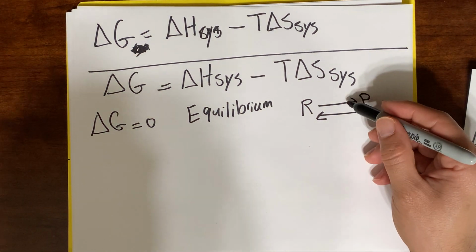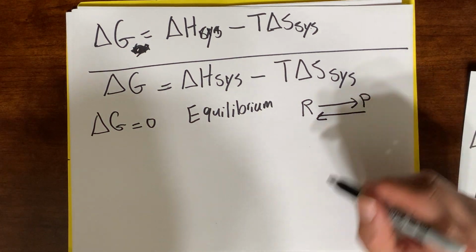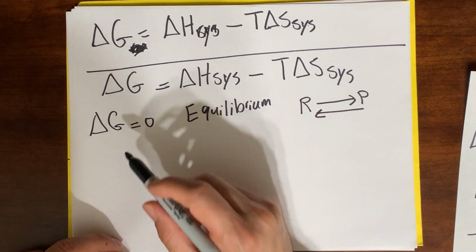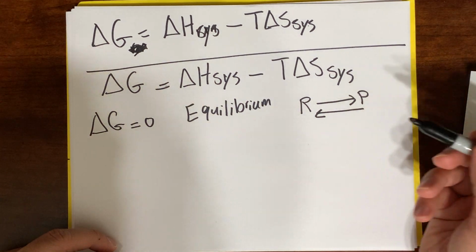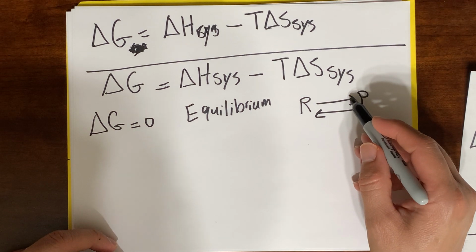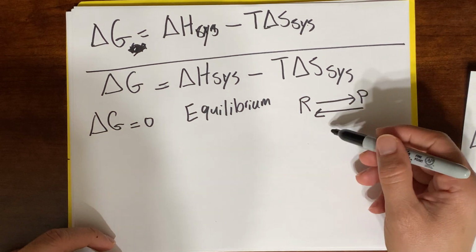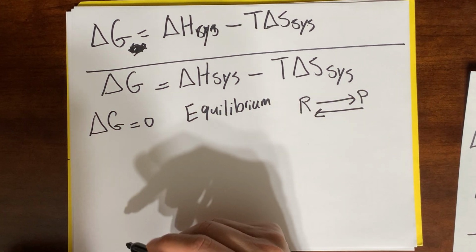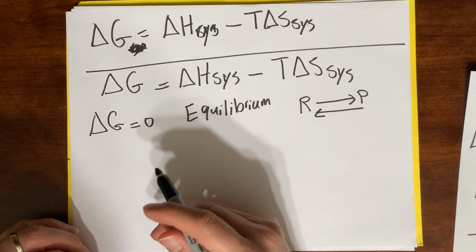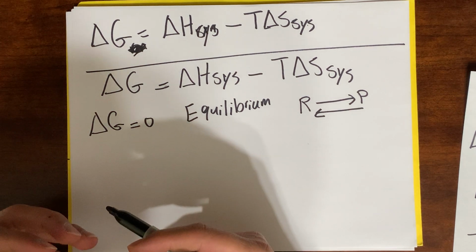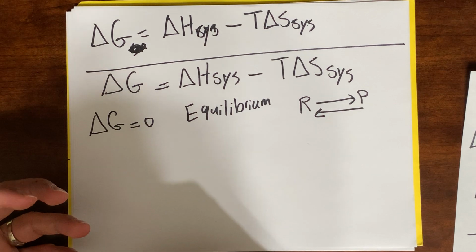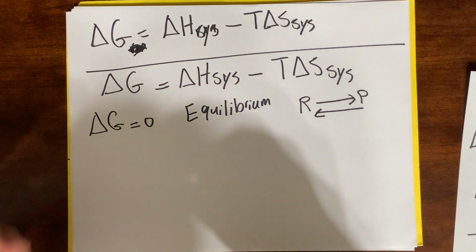We showed that by double arrows. Delta G is 0. Rate of the forward reaction equals rate of the reverse reaction. You're not going to gain or lose heat.